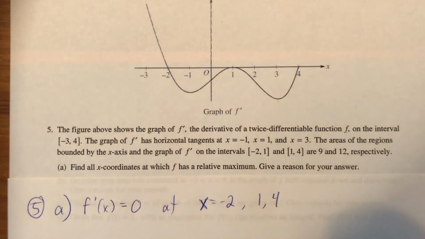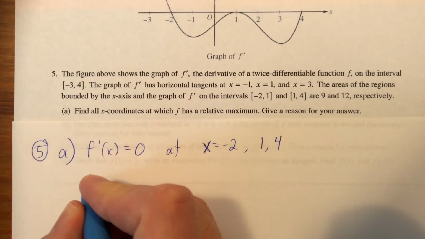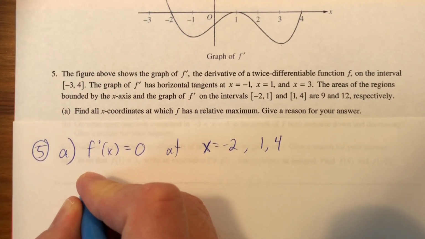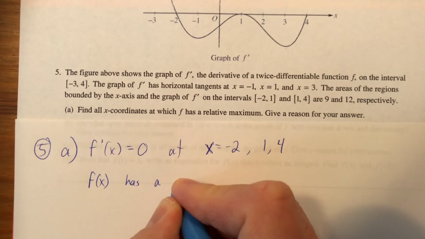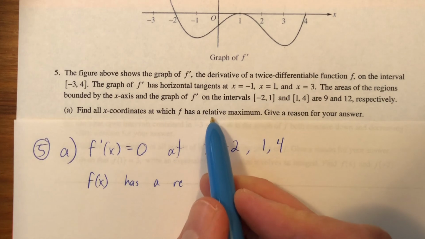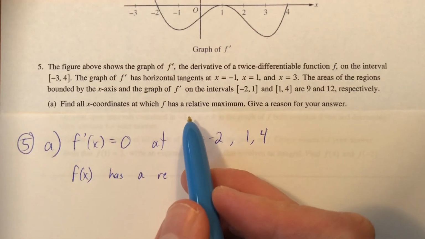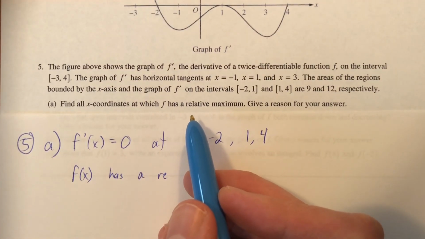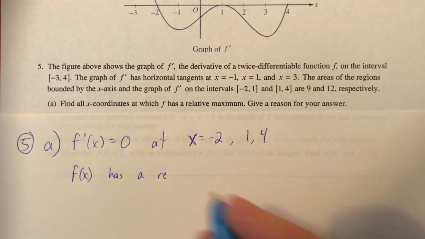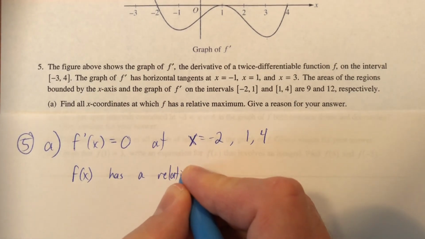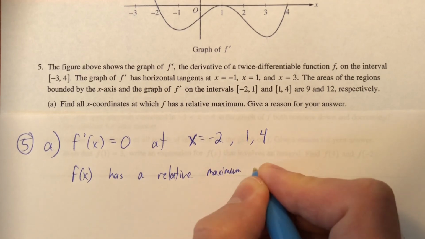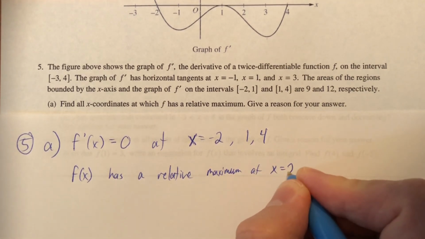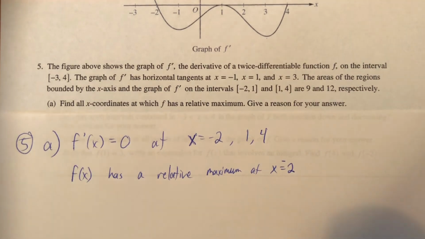I'm going to go ahead and write that. So there is a relative maximum. F has a relative maximum. I'm using the word relative because that's what they asked. Relative means maybe not the highest, but it's the highest in its little area. It's a rough definition. Relative maximum at x equals -2, sorry.